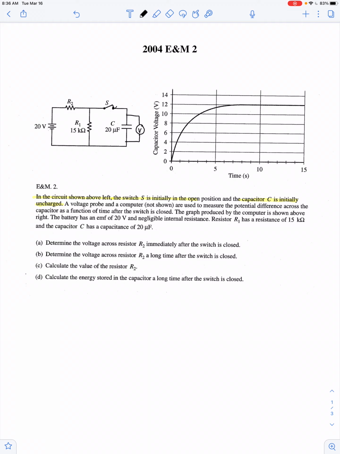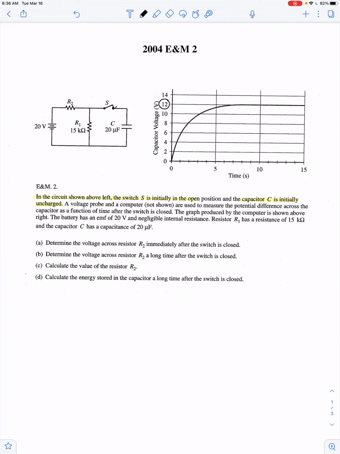A graph of that capacitor voltage versus time is shown. So we see that in the steady state, meaning after a long amount of time, 12 represents an asymptote. That's the maximum voltage across the capacitor.